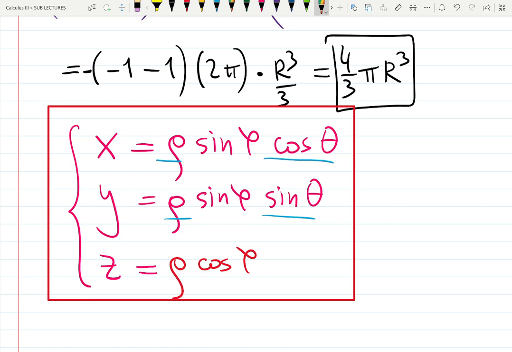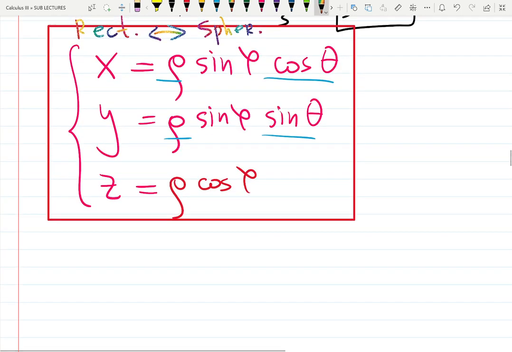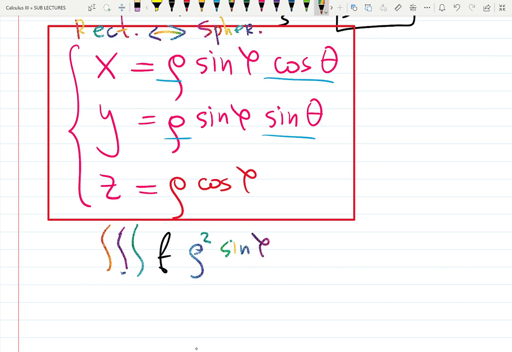So, spherical coordinates. How to go from Cartesian, let's call them rectangular, to spherical. And you also remember the piece in the integral. There's a function f, but you need to remember there is rho squared sine phi d rho d phi, usually phi goes first, d theta.